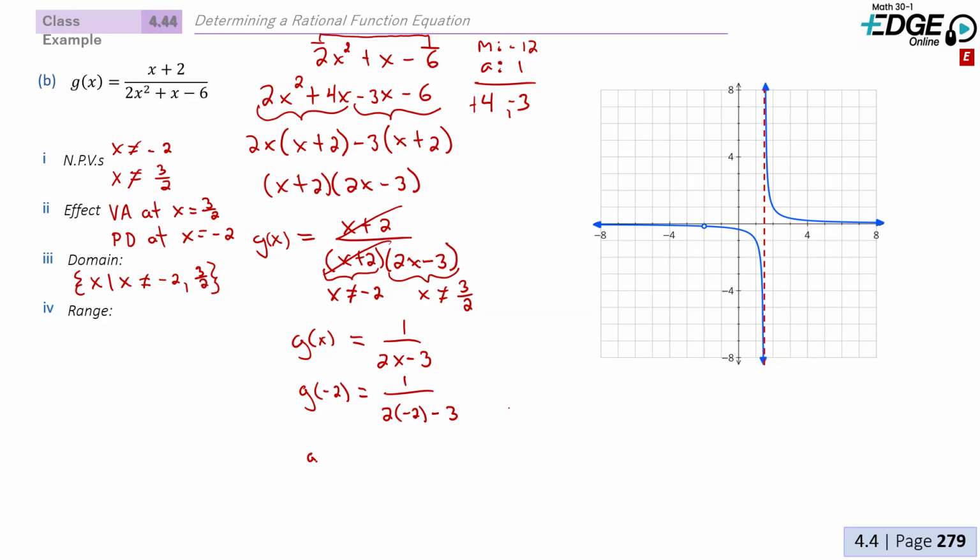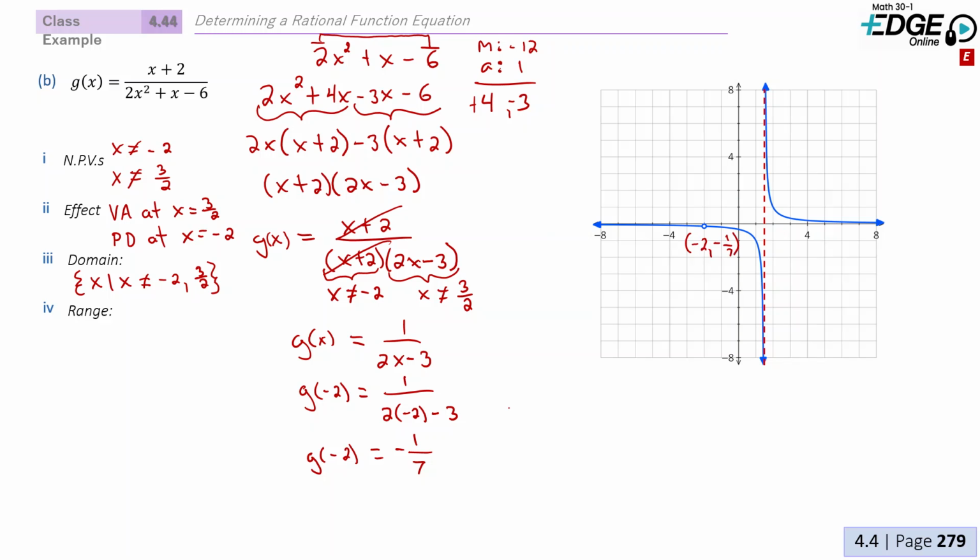So we'll say g of negative 2 is equal to negative 1 over 7. All right, and that kind of makes sense. That's about right. So now let's write down the point there. So this point would have been at negative 2, comma, negative 1 over 7.